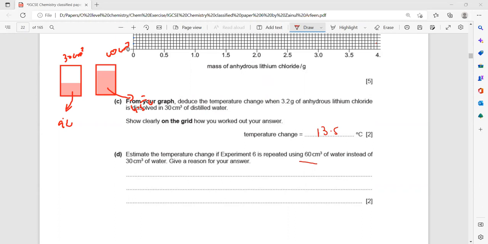If in an experiment it was 18, then it will become half of it, so it will become 9. If the temperature change was 10, it will become 5. So whenever we double the amount of the water used for the experiment, the temperature change will also be half.